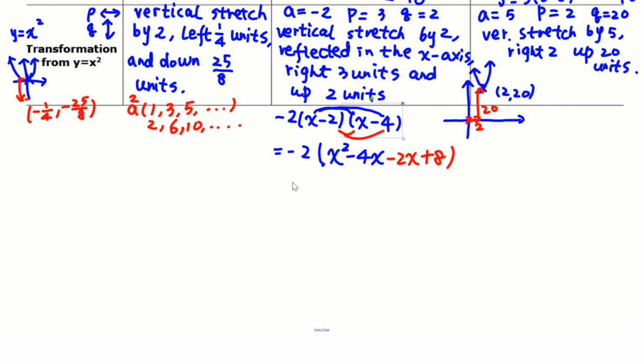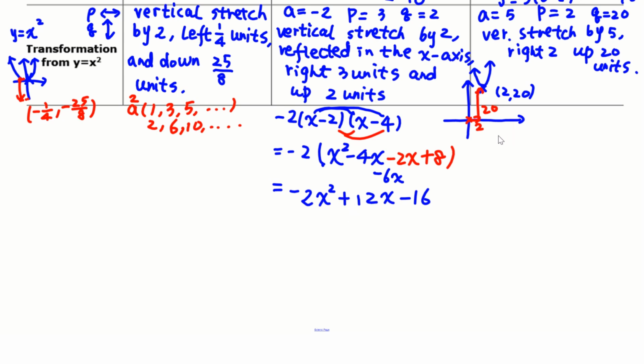Then collect the like terms: this one is -6x, and -2 times each term gives -2x squared, -2 times -6 is positive 12x, then minus 16. This is from factor form to standard form.